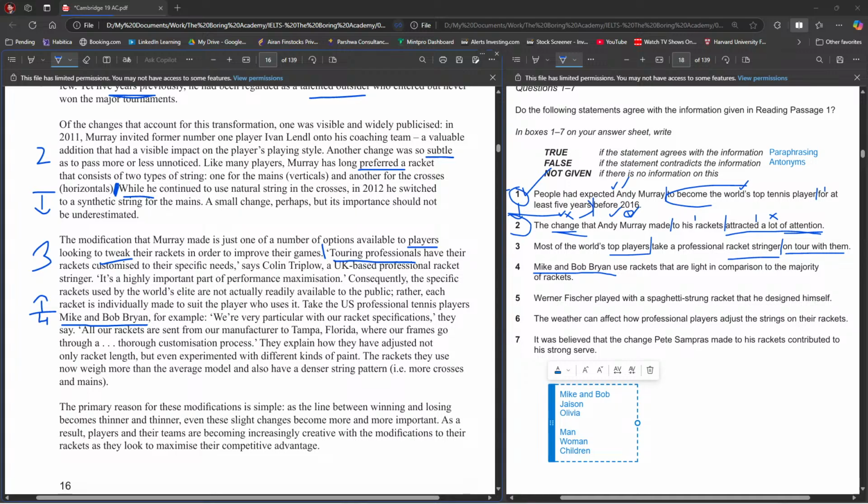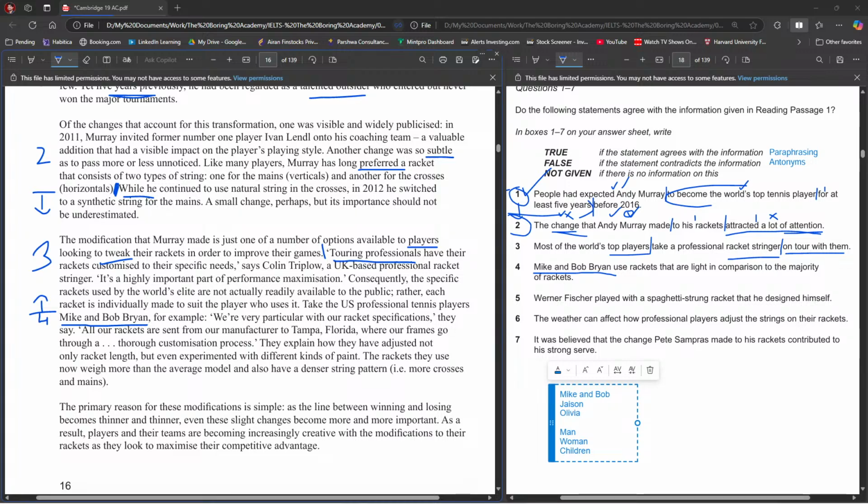Rather, each racket is individually made to suit the player who uses it. Take the US professional tennis players Mike and Bob Bryan, for example. Now it is obvious that the fourth answer has started.